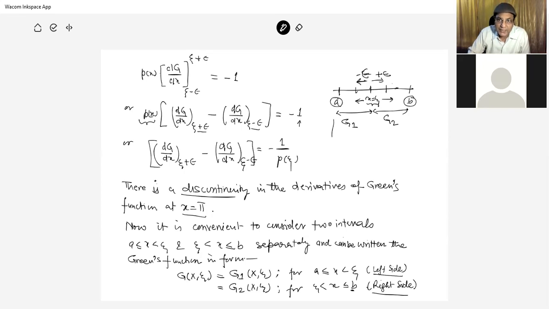So this point is the left side point, and this point is the right side point. In between these left and right, this is the central point. Here the function is G1 and this function is G2.